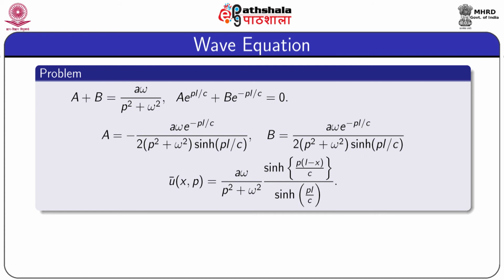Which is written here: a omega by p square plus omega square, sinh p into (L minus x) by c, divided by sinh pL by c. Now to obtain u as a function of x and t, we need to apply the inverse Laplace transform.